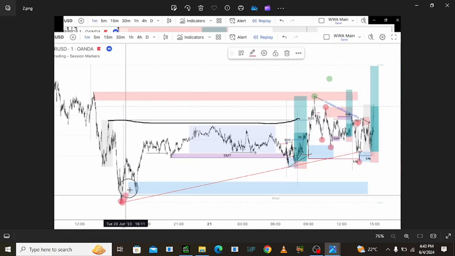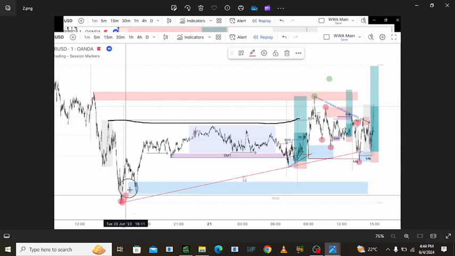Our M15 structure, first our M15 had to take an inducement in the trendline liquidity. Then our time-based manipulation, which resulted in this change of character on M5. M15 is bullish. First things first, M15 inducement, trendline liquidity, M5 change of character. Now M15 is bullish, M5 is bullish, but our M1, you see, is bearish.